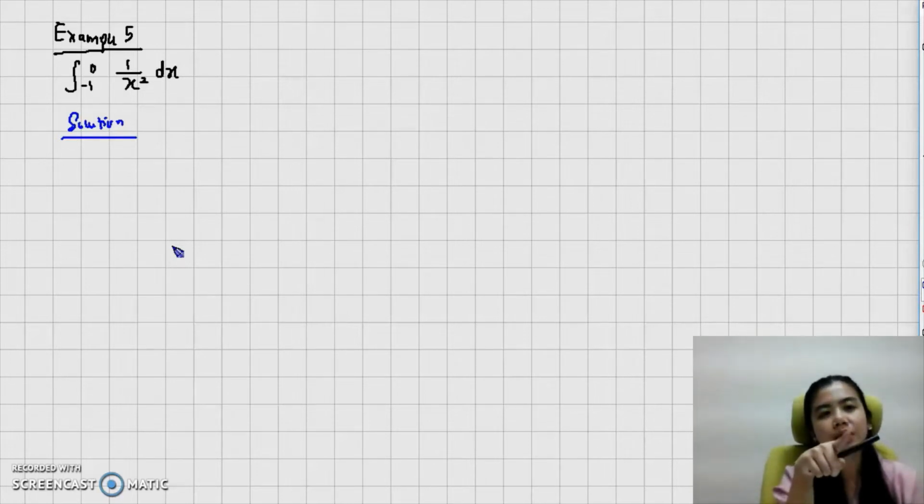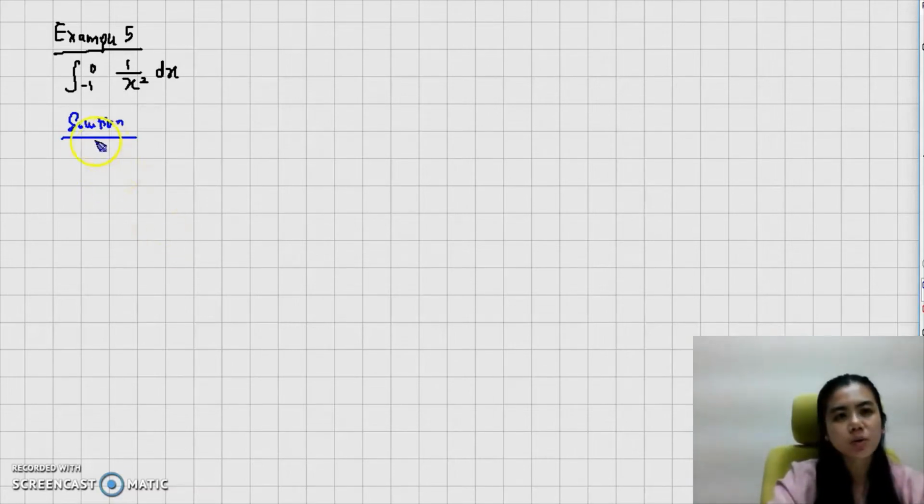When we go through integration, we have no problem integrating, but before integrating, try to check the interval. This function, 1 over x squared, actually has a problem when x is 0. When x is 0, you will have a problem.